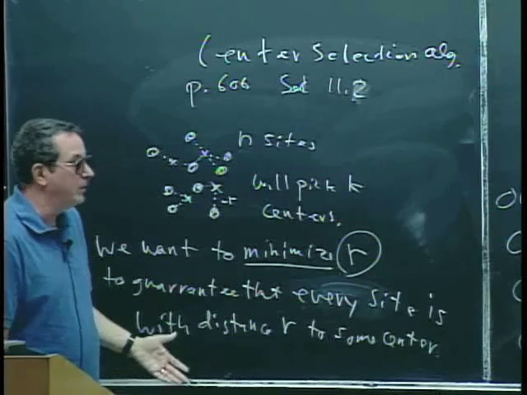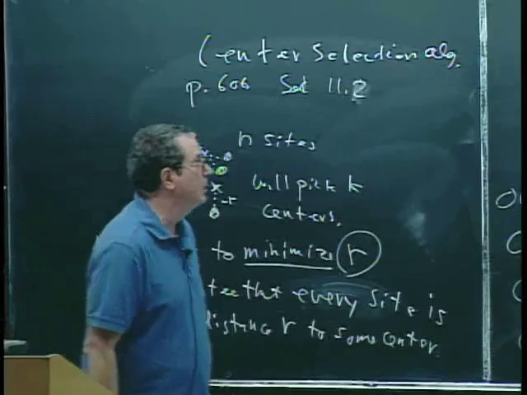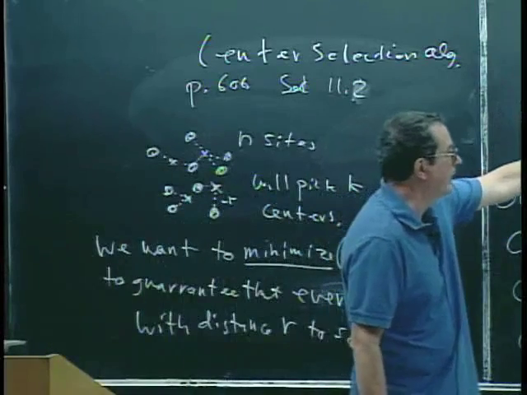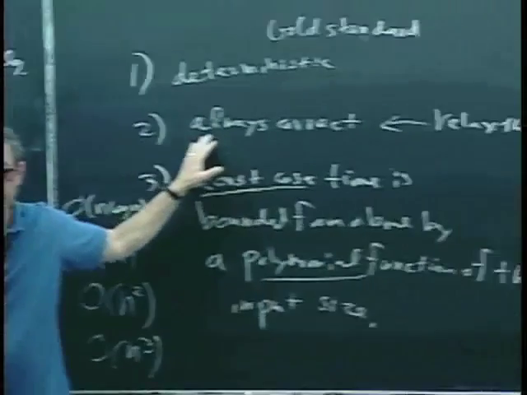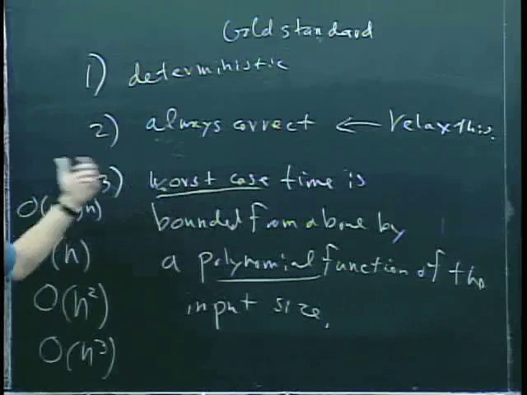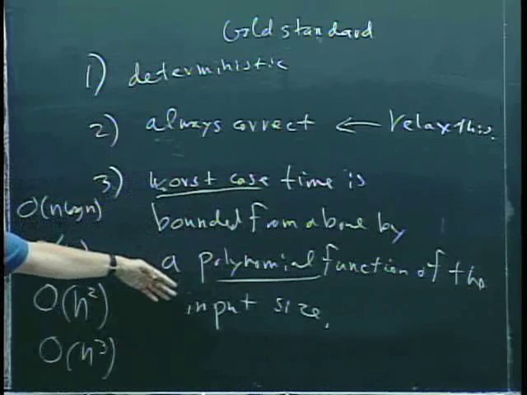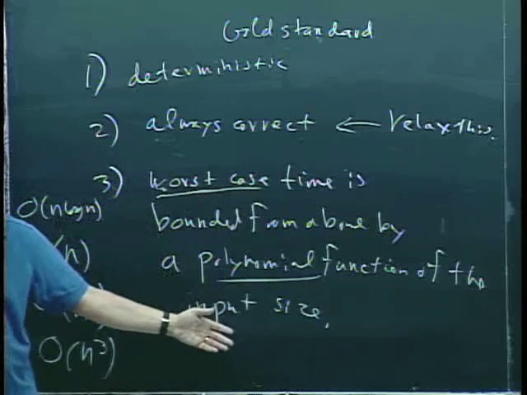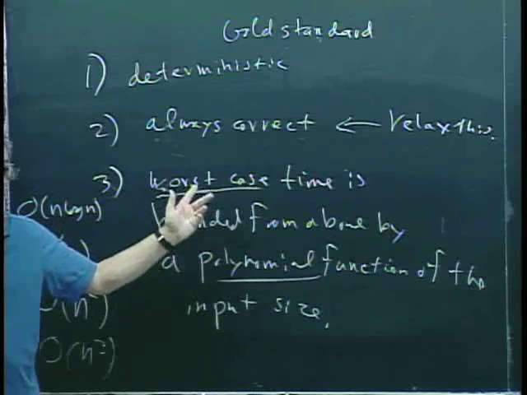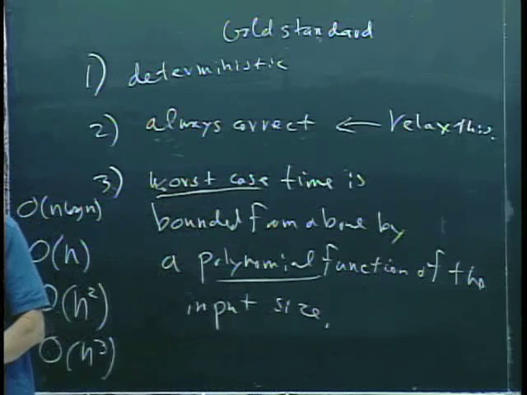And in fact, we don't know one. We do not know a deterministic, always correct, in this case meaning it'll get you the minimum R, algorithm that solves this whose worst case running time is bounded by a polynomial function of the input size. That's the state of the world. And if anybody thinks of one, let me know.